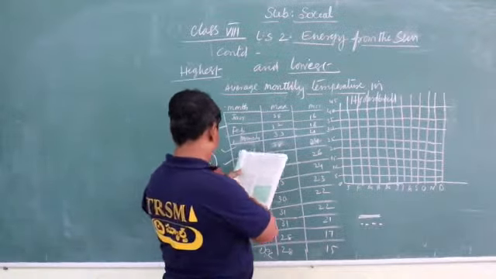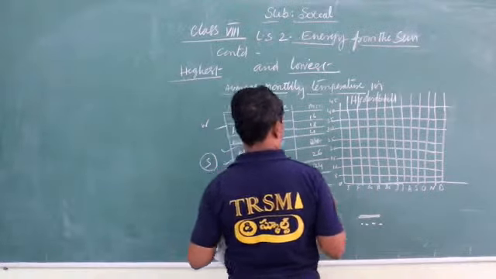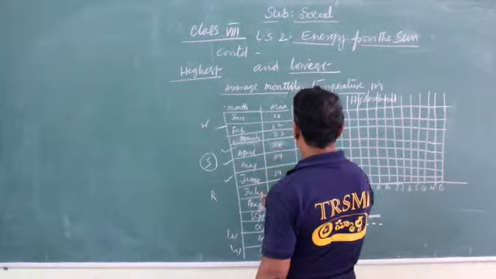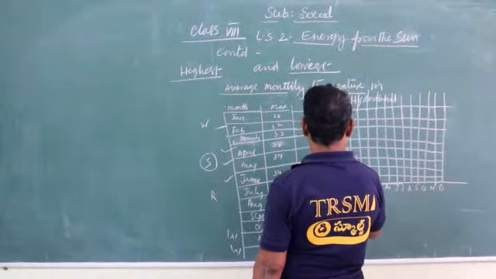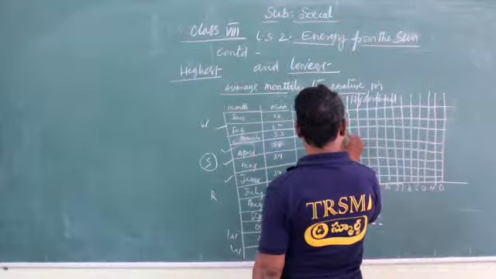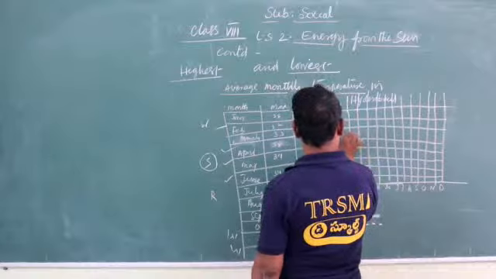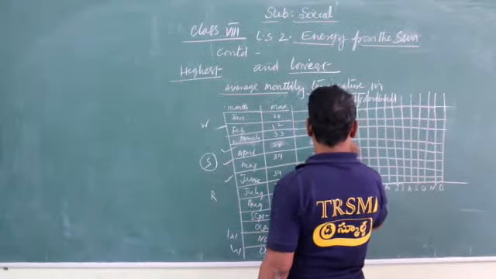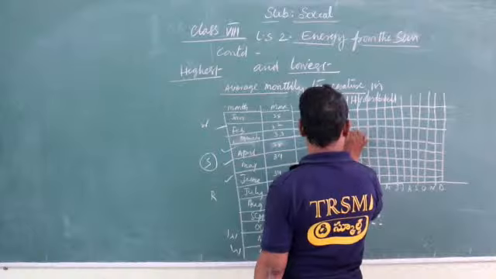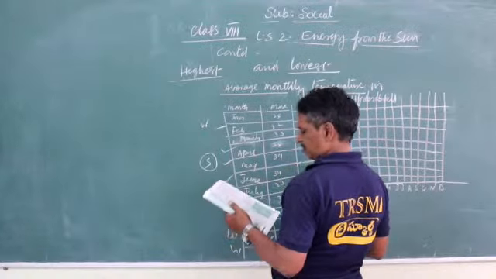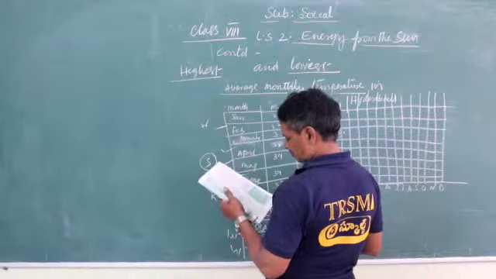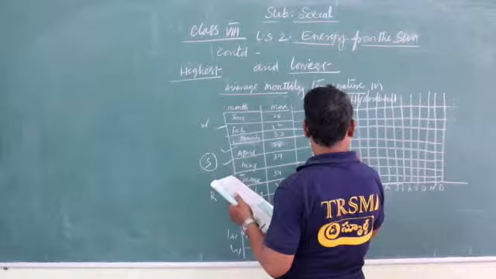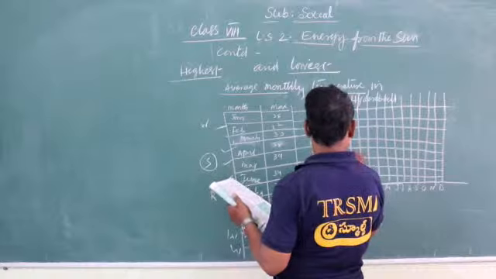In the month of January, how much? 28. So this is the 20, 28. We count 1, 2, 3, 4. Likewise, 28 means this is the point. The minimum temperature is 16, this is the point.